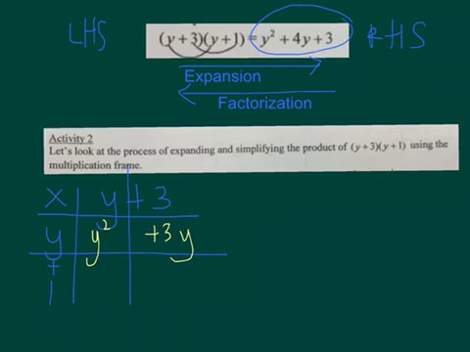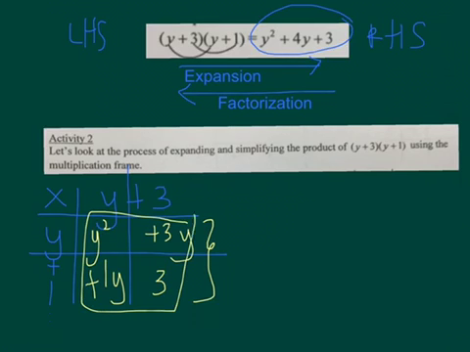So, how about this particular box? y times 1 is y, and 3. So can you see that the product from this square is y squared plus 4y plus 3? Okay? So that's the answer for the product, which is the right hand side.